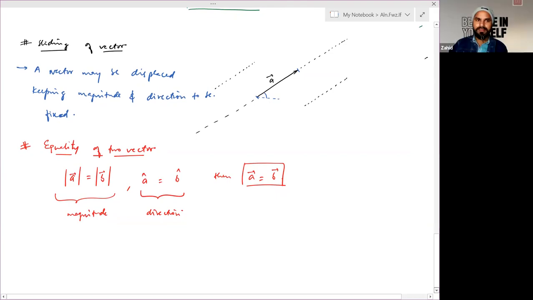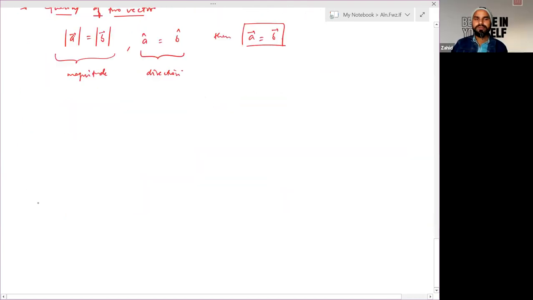Okay. Next is how to define angle between any two vectors.